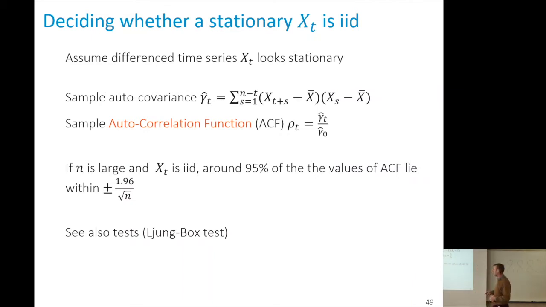It's not unit free. If we rescale by gamma 0, we obtain something that's unit free, called the autocorrelation function. Gamma 0 is something that we have seen already. It is the maximum likelihood estimate of sigma squared, so it's one estimate of the variance.